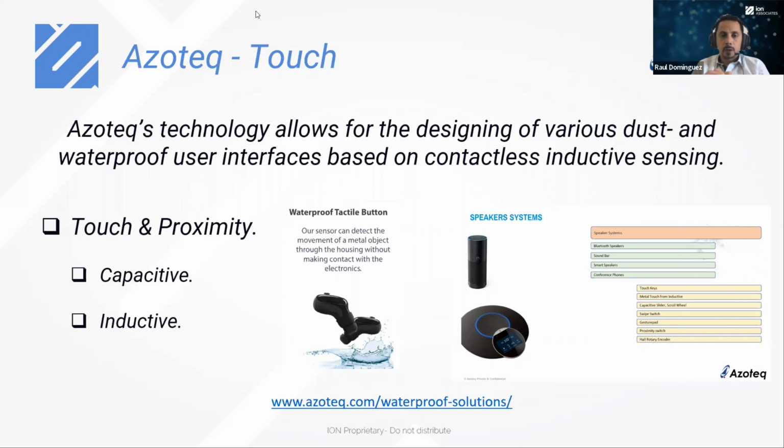And the inductive, what it does is, if we have a metal foil, the inductive will detect the smallest deflection of the foil. So that allows us to do an enclosed waterproof casing, and it doesn't matter if it's wet or not.